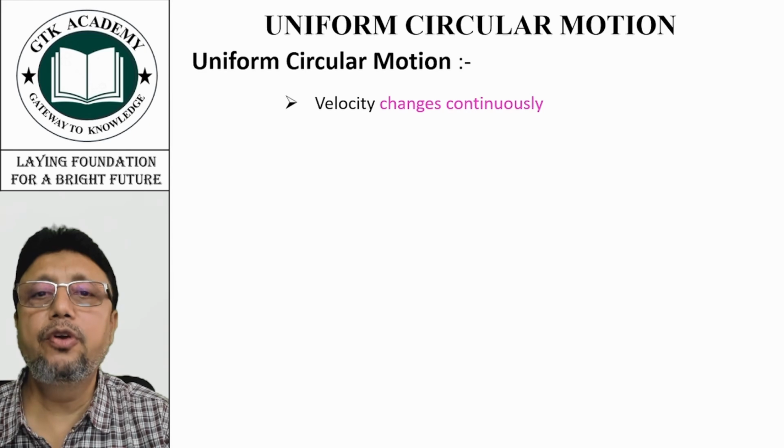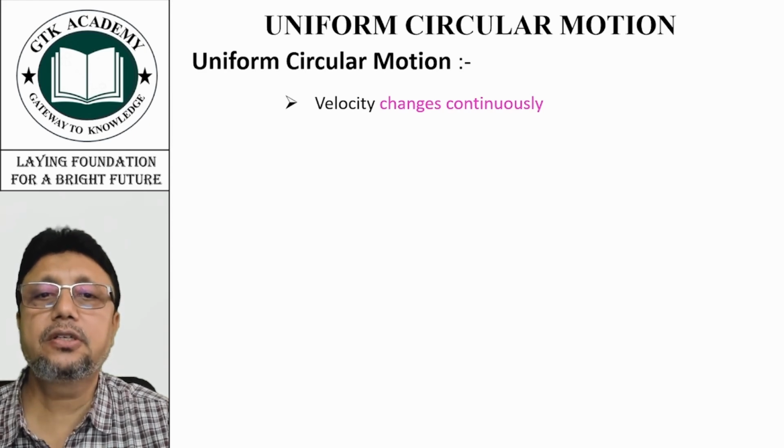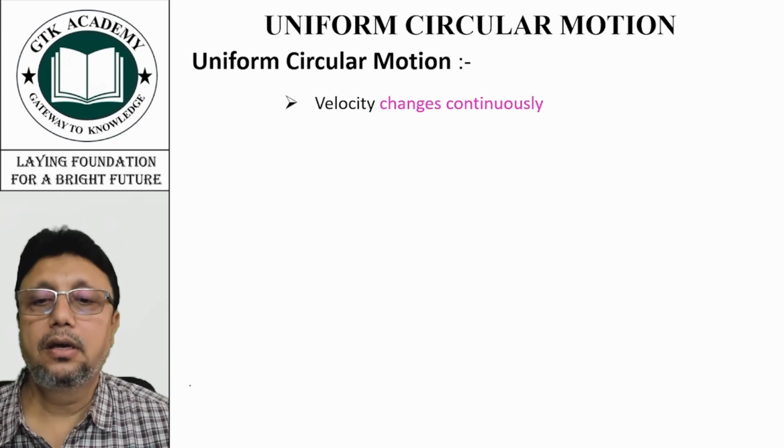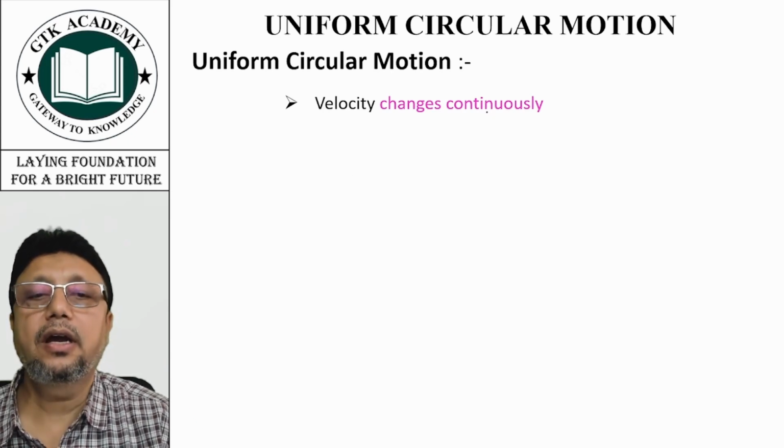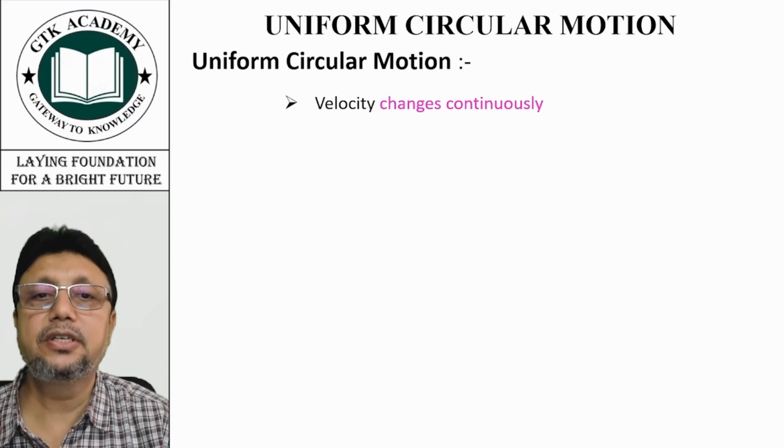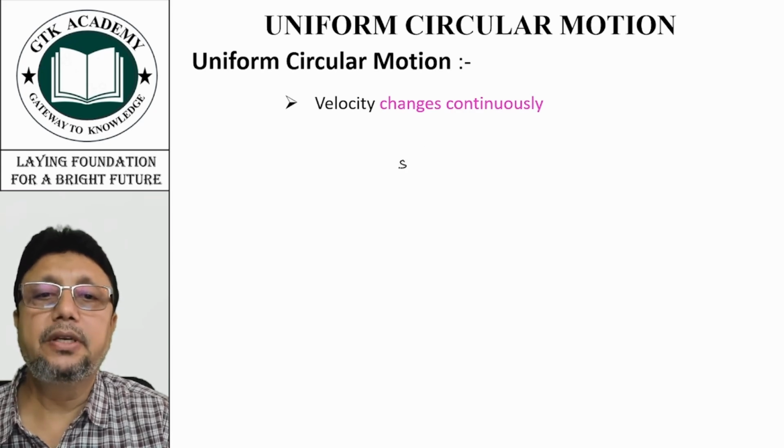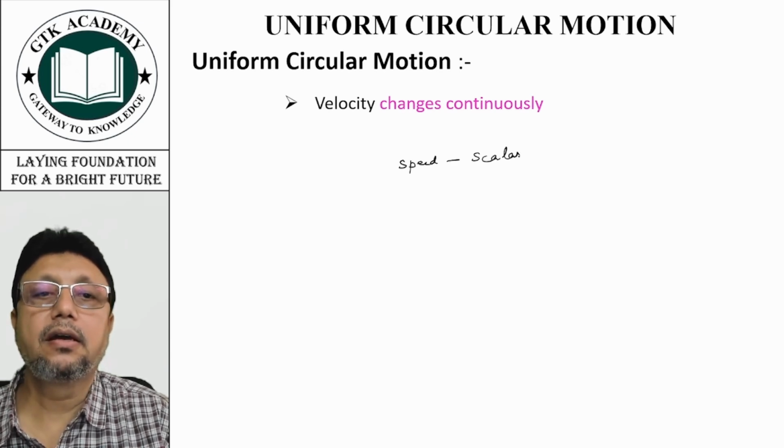Now in case of uniform circular motion, velocity changes continuously. Now we just made a statement that speed is constant, and here we are saying that velocity changes continuously. So what does it mean? See, speed is a scalar, whereas velocity is a vector.